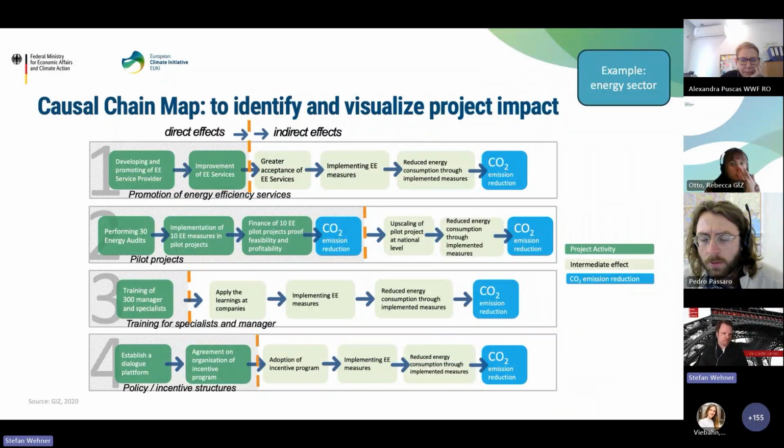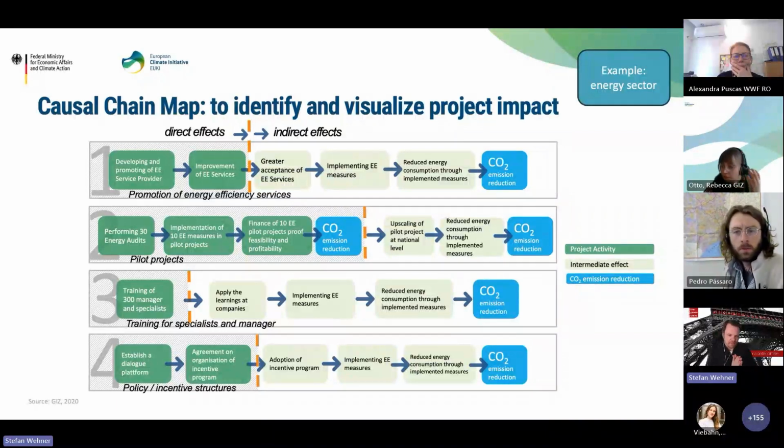And you show and demonstrate the feasibility and profitability of that. So directly under the control of your project, with financial resources, these measures are implemented, and the emission reduction can be claimed as direct in this case.